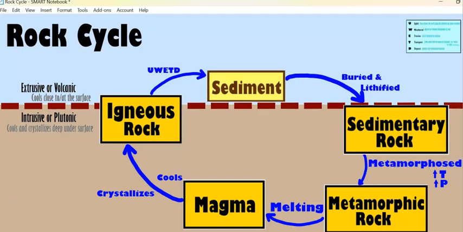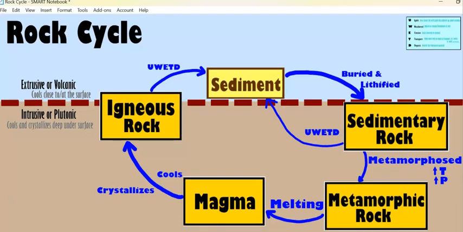Okay, and so with the uplift, weathering, erosion, transport, and depositing of that material, sedimentary rock can go back into sediment. Okay, that makes sense. It's being broken down, isn't it? And the metamorphic rock can also do that too.